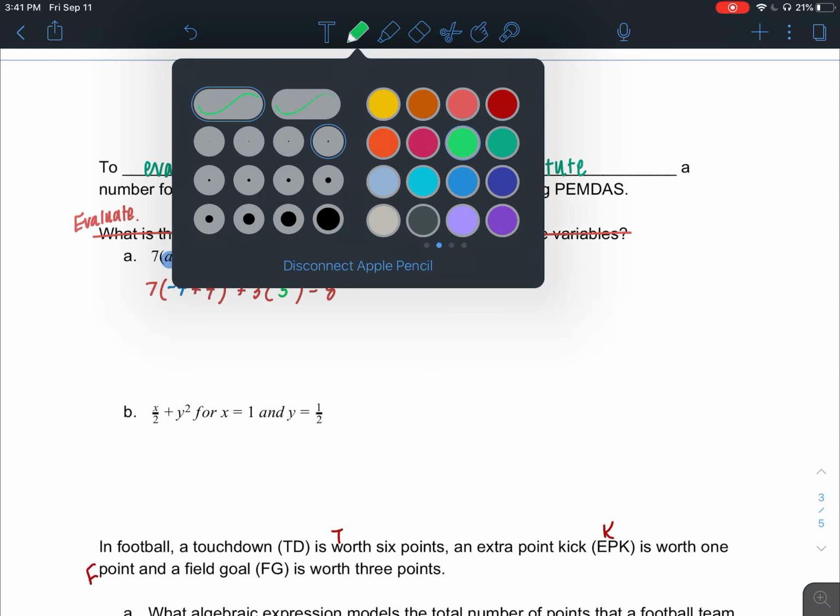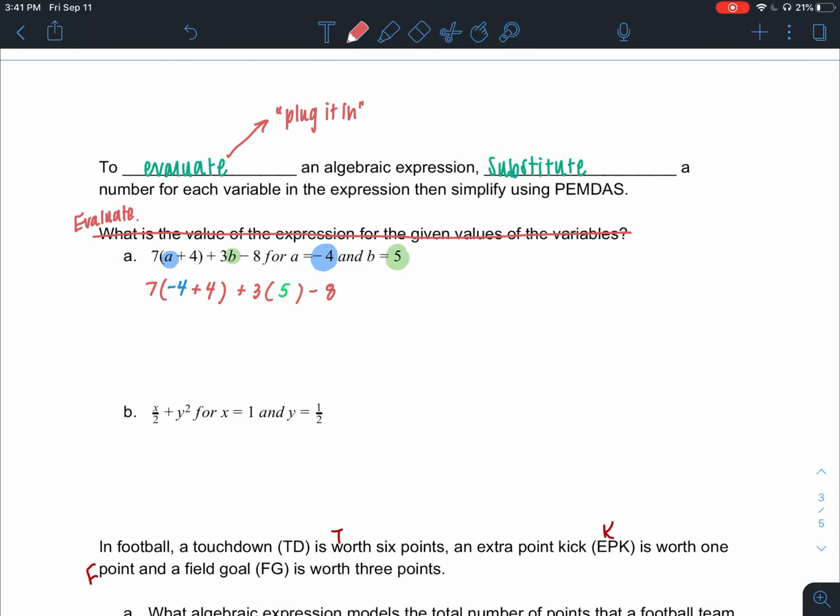And then we simplify, using PEMDAS. So, parentheses first. Remember that these parentheses right here, that's just fancy multiplication. It's not actually parentheses. These, however, over here are parentheses. So, -4 plus 4 is 0, and we're done with our parentheses.